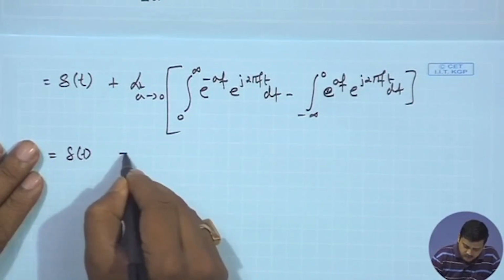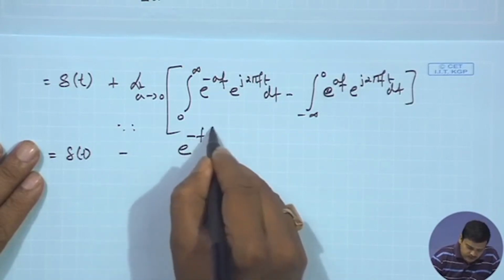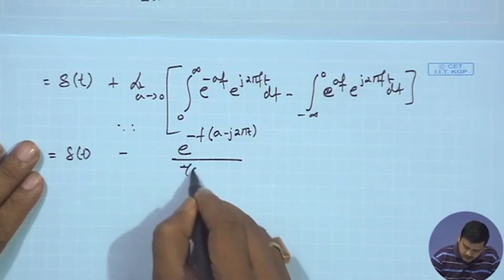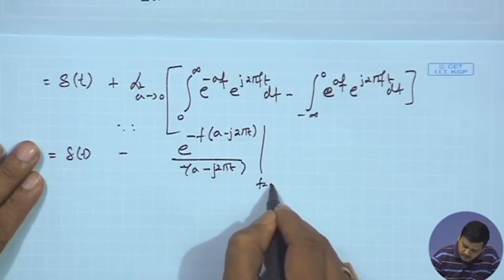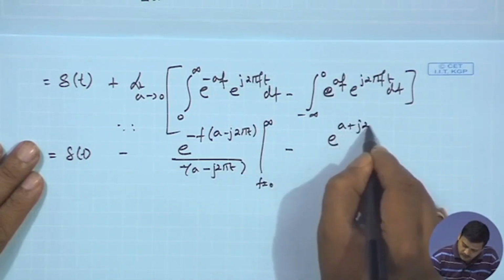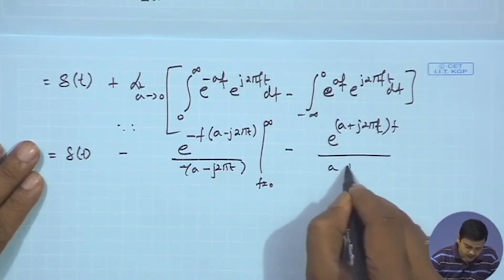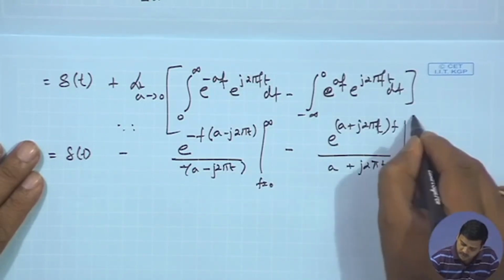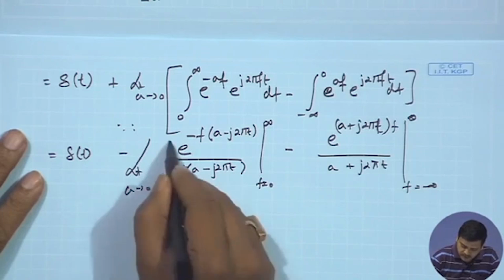You need one more step over here, and the end result is e to the power of minus f times (a minus j 2 pi t) upon minus (a minus j 2 pi t) integrated from f equals 0 to infinity, minus e to the power of (a plus j 2 pi t) f upon (a plus j 2 pi t) integrated from f equals minus infinity to 0, and of course, for all of this limit a tends to 0.